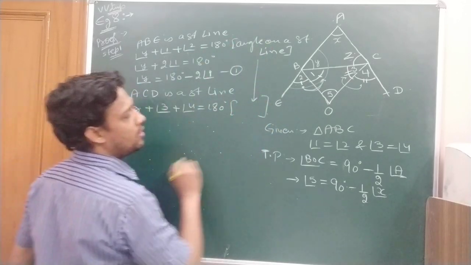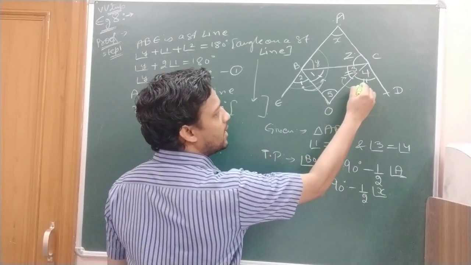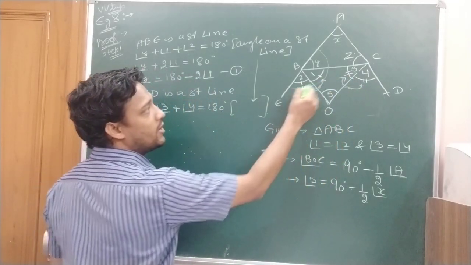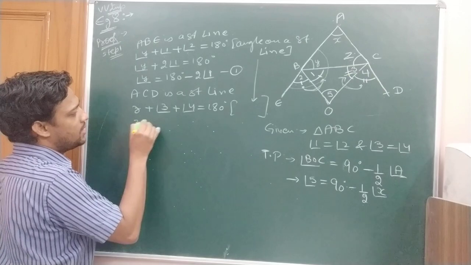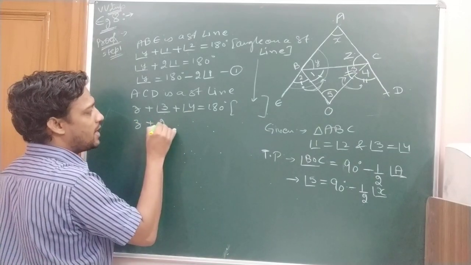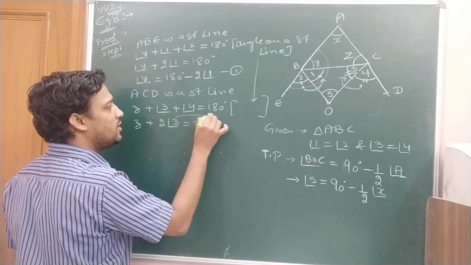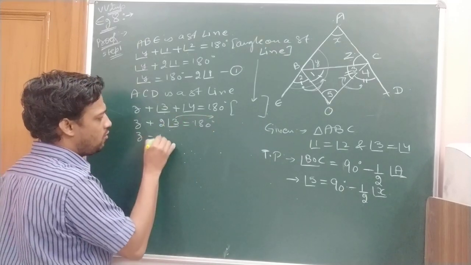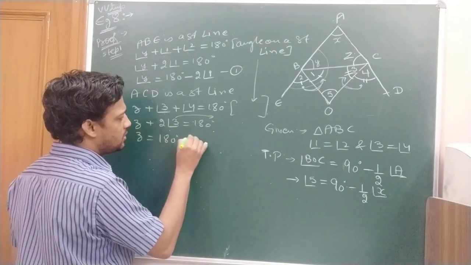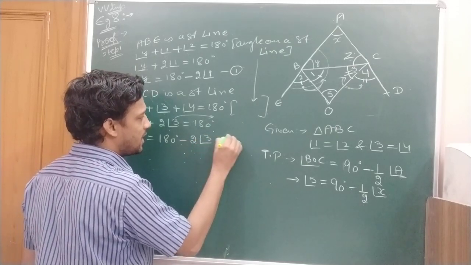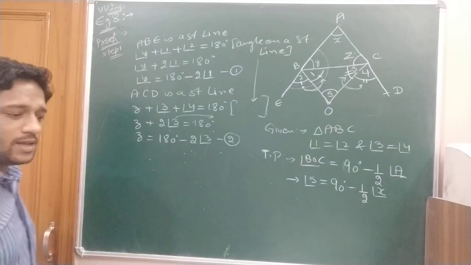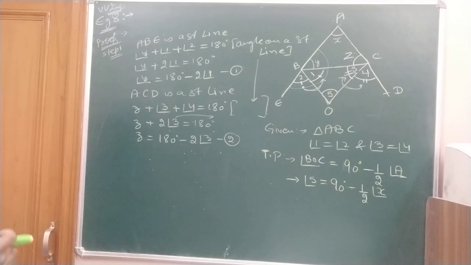Similarly, 3 and 4 both angles are equal, so convert the angle 4 into angle 3 as we have done here. So I can write double of angle 3 plus angle Z equals 180. Transfer this angle on this side. Z is equal to 180 minus double of angle 3. That is the second equation. Clear?